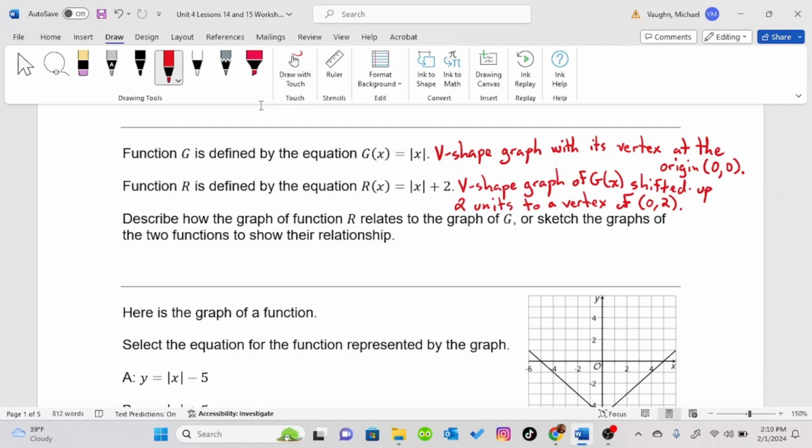So if you have the plus 2 outside of the absolute value brackets, it shifts the V-shaped graph up 2 units.